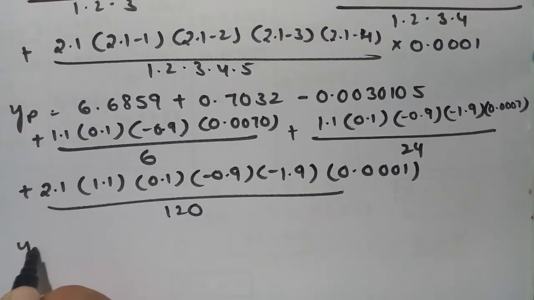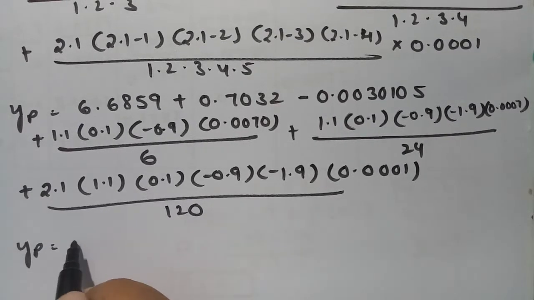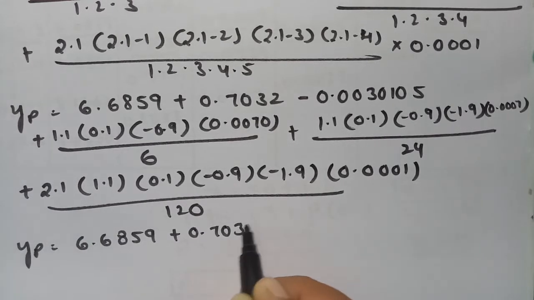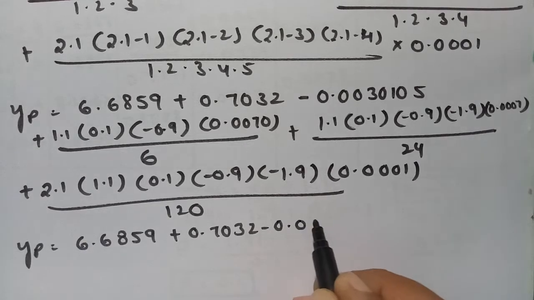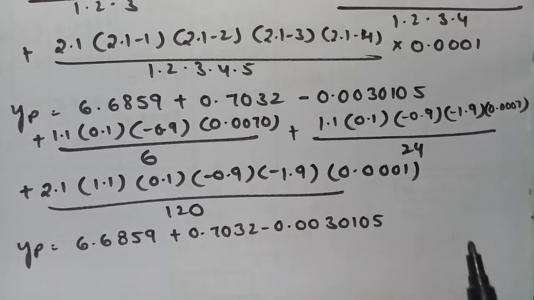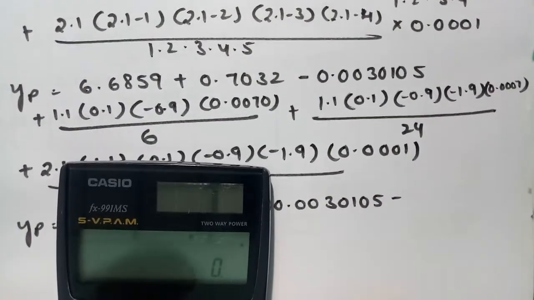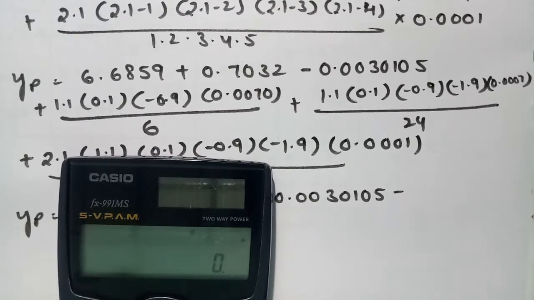So now YP value is equal to, see here, this is 6.6859 plus 0.7032 minus 0.0030105, and this value is subtraction minus. So if I calculate the value here, this will be 1.1 into 0.1 into 0.9 into 0.0070, 0.9 divided by 6.